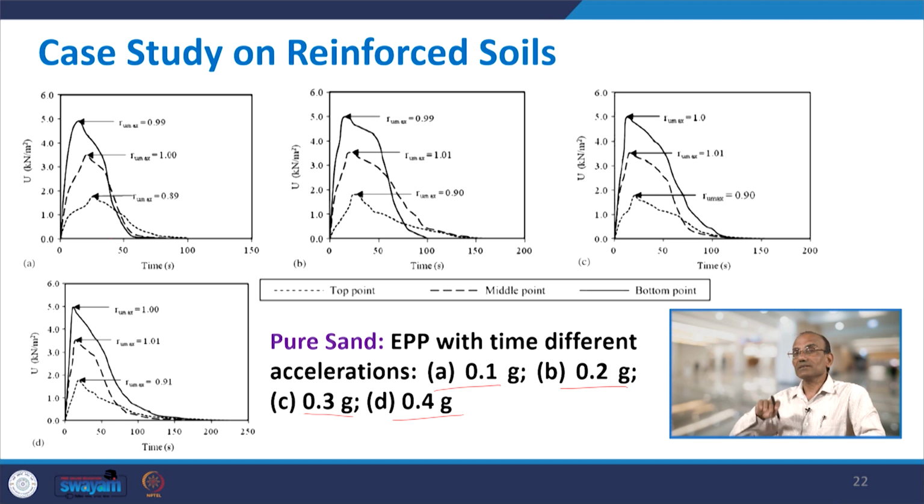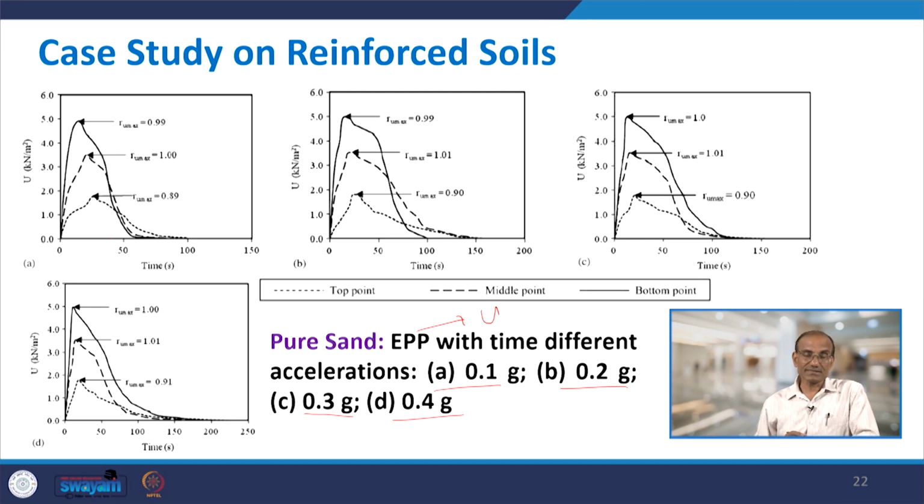During the shaking you get a peak value, the maximum value of pore water pressure, and after that it dissipates and becomes 0. This pore water pressure U is nothing but the excess pore water pressure, which we already discussed in many last lectures. The excess pore water pressure is the pore water pressure generated due to the shaking.